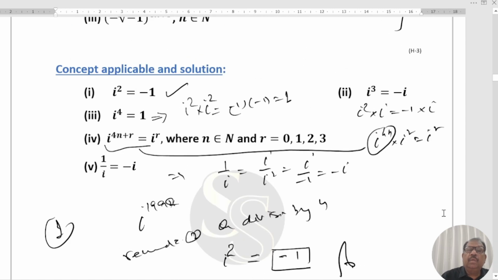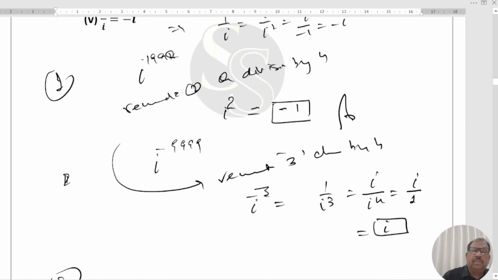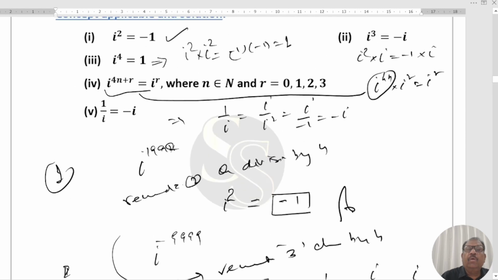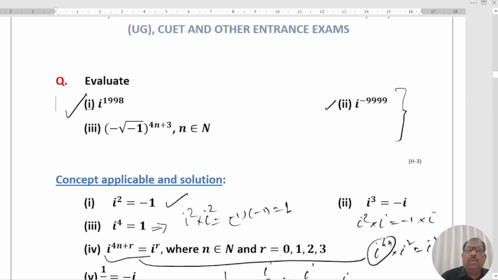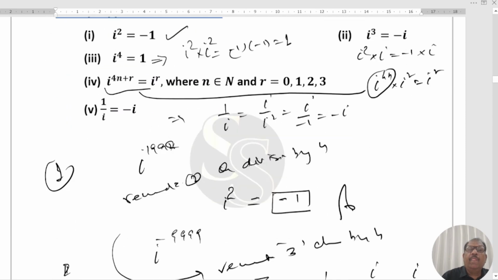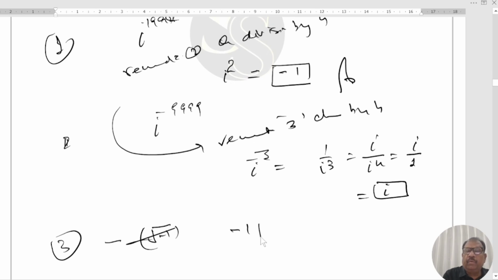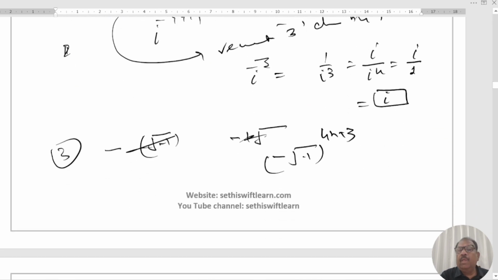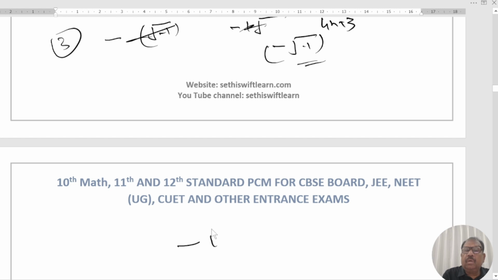Third part is minus under root minus 1, the whole raised to the power 4n plus 3. This is the question. So in this case, this is minus iota to the power 4n plus 3.